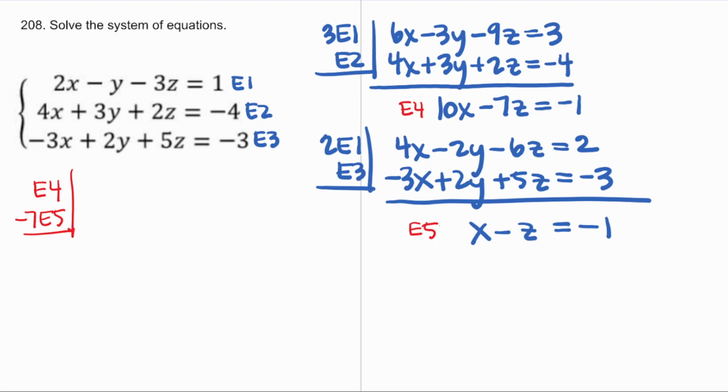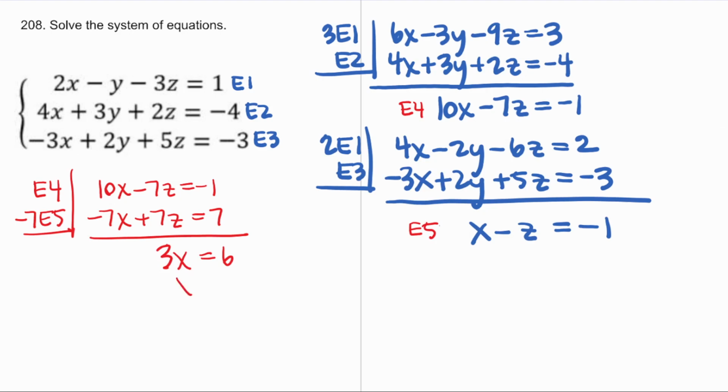So equation 4 is 10x minus 7z equaling negative 1, and negative 7 of equation 5 would be negative 7x plus 7z is equal to positive 7. I add all this together, and I get 3x equals 6. That means that x is going to be equal to 2.